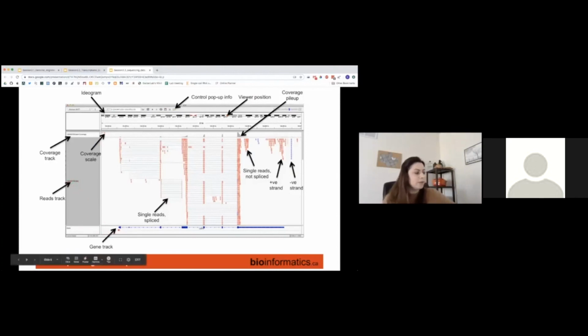And at the bottom, you have a gene track that will tell you the annotations that the browser knows for this particular genome. You can change this track too if you want to modify it or add a different annotation to the default one.